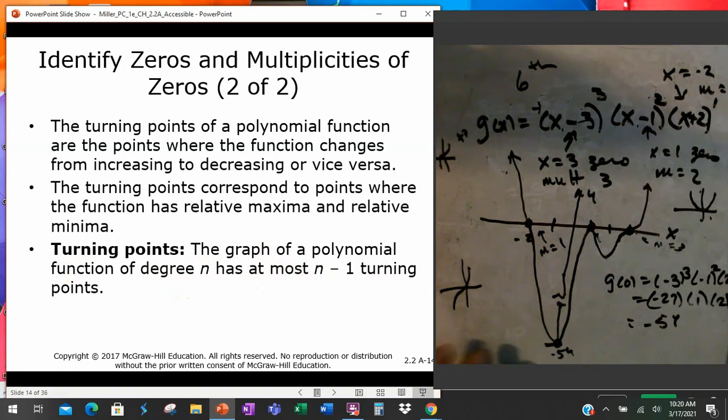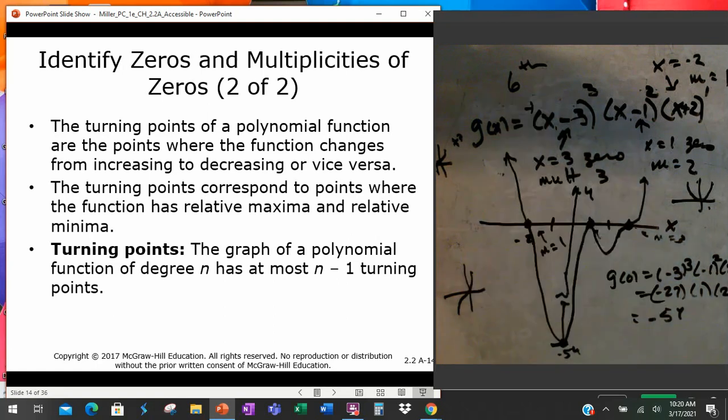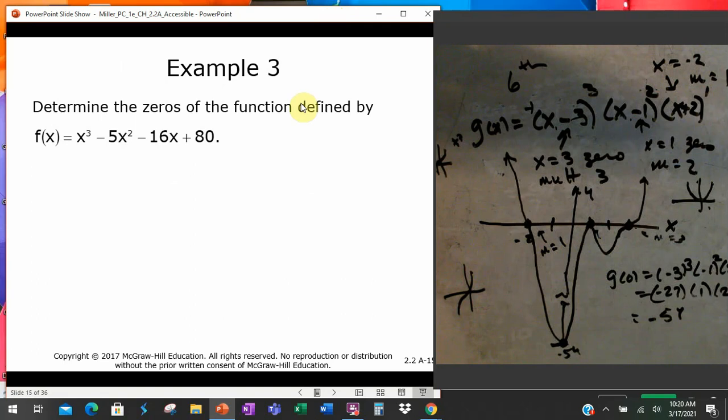If I have this 6th degree, I should have at most 5 turning points. Here I see 1, 2, 3 turning points, and that matches. Now if we graph it, there may be another little one out here, and we can't find that until we do calculus.